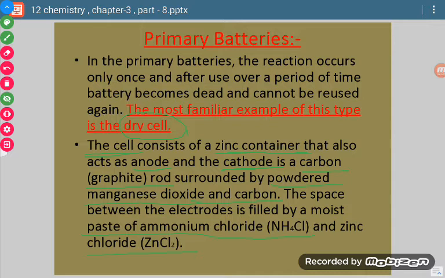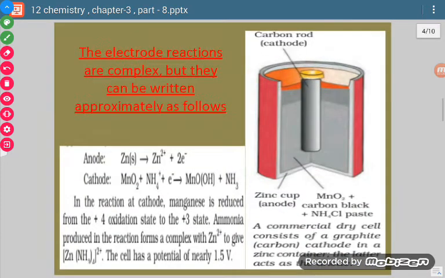In any galvanic cell, we need to know what is going to act as anode, what is going to act as cathode, and what is the electrolyte used. So these three things are to be noted for every cell. Now, how is the construction? See, this is the carbon rod which acts as cathode.